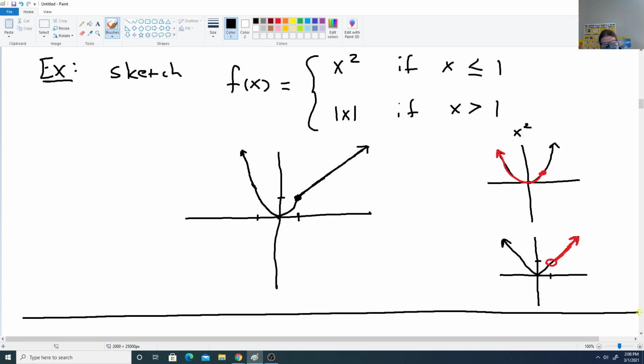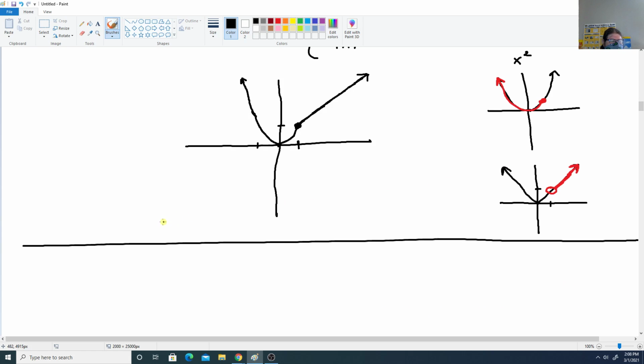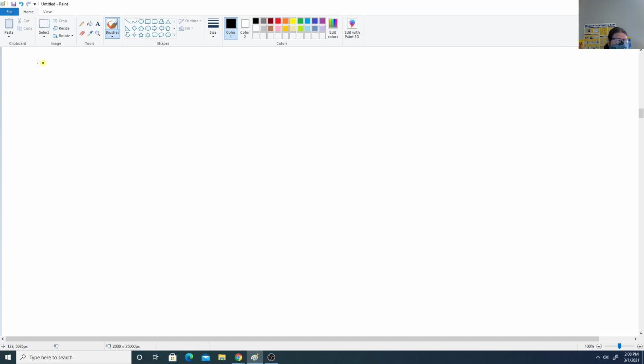So we'll do a piecewise defined graph that has 3 parts. Do a sketch of that.